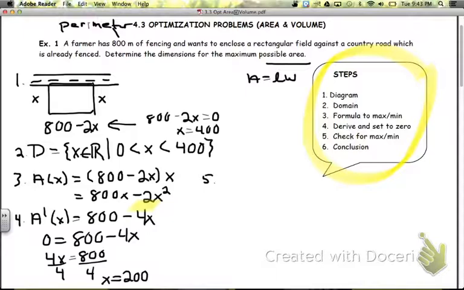Okay, so we can look at that by subbing in 0 into our original, where we get 0. And if we put in 400, we also get 0.